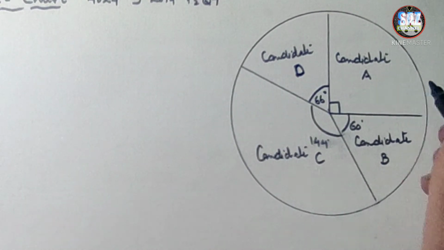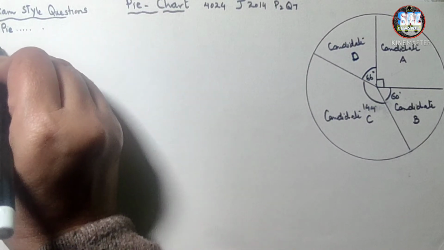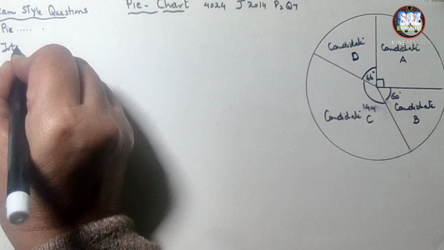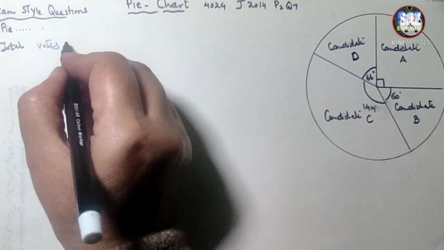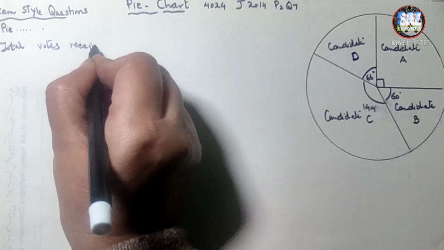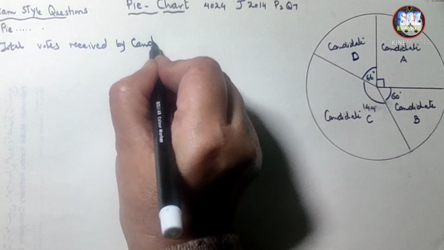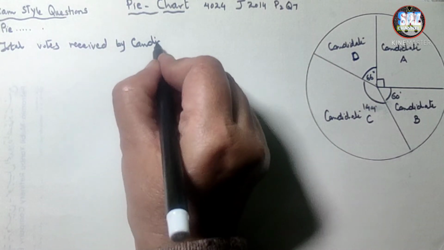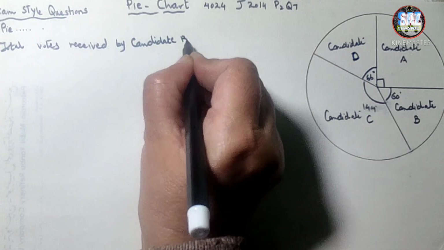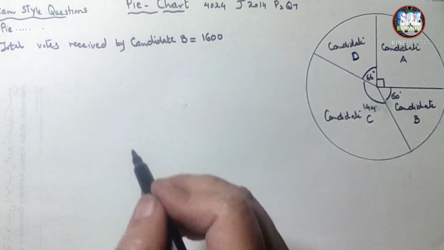Now if we read the first part, it says candidate B received 1600 votes. Total votes received by candidate B are 1600, and we have to find the total number of people.